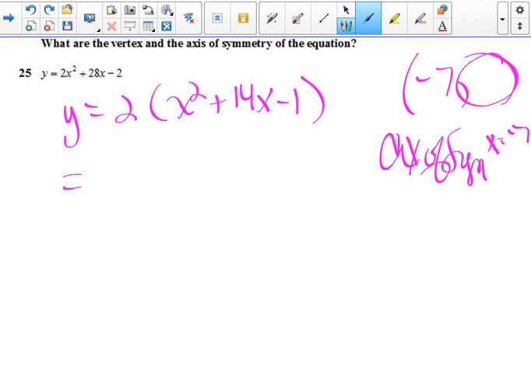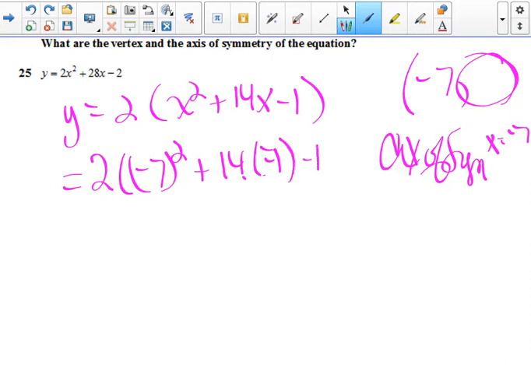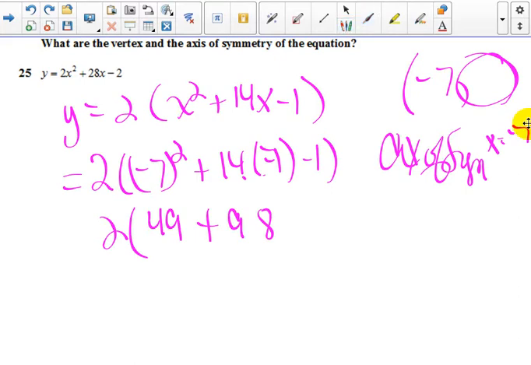So we've got this is equal to 2 times (-7) squared plus 14 times -7 minus 1. So now we've got a positive 49 plus 14 times -7 is -98, minus 1. Oh, excuse me, we haven't distributed the 2 yet.